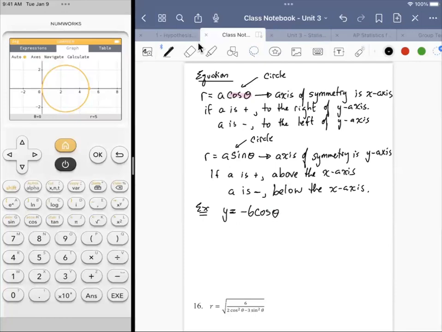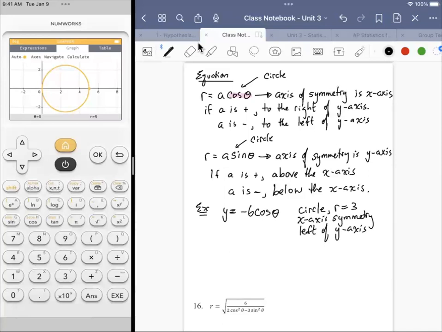So what I know about this is that it is a circle. It's got x-axis symmetry. And it's to the left of the y-axis. And also, the radius is equal to 3.